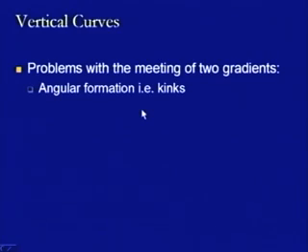A kink is a point where there is an abrupt change in direction, which becomes an angular formation in the gradients. This angular formation has safety implications. It is a difficult condition in the vertical profile of the alignment.